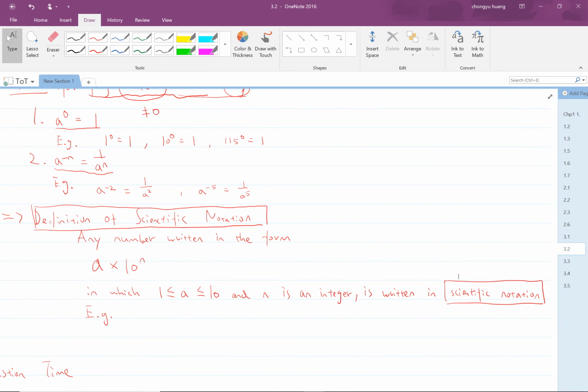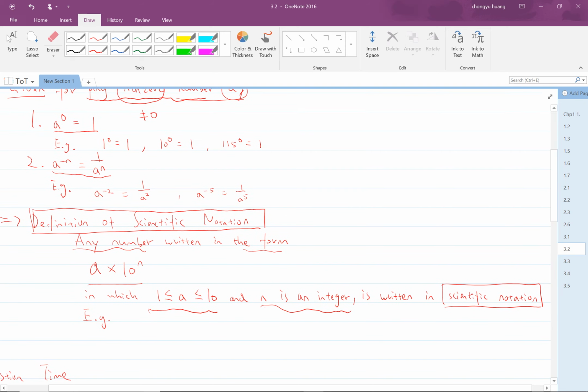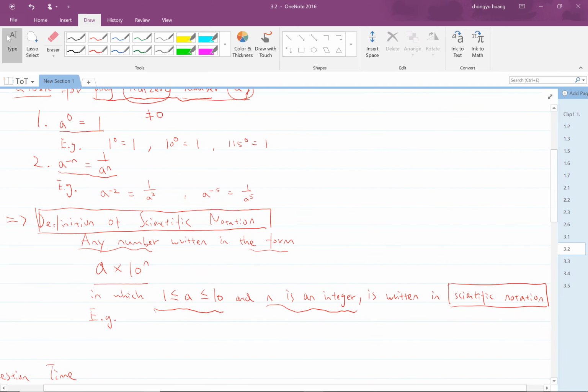The definition says any number written in the form a multiplied by 10 to the power n, in which a has to be greater than or equal to 1 and less than 10, and n is an integer. That's basically the definition of scientific notation.